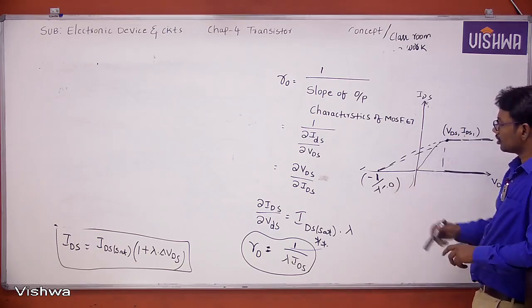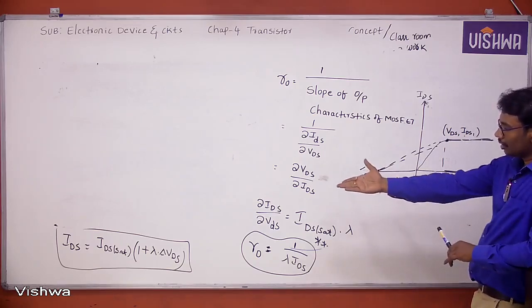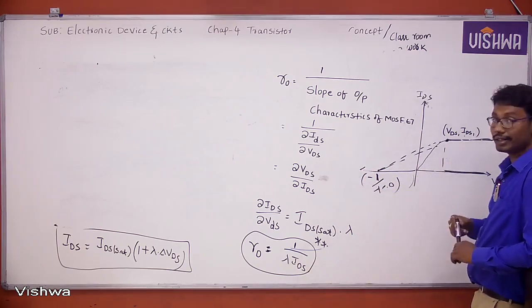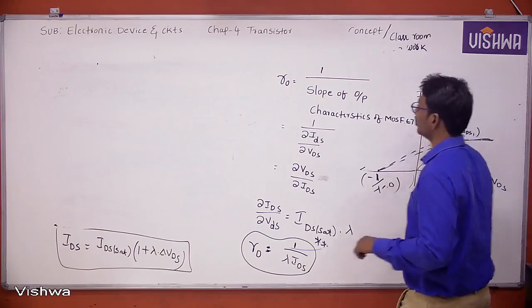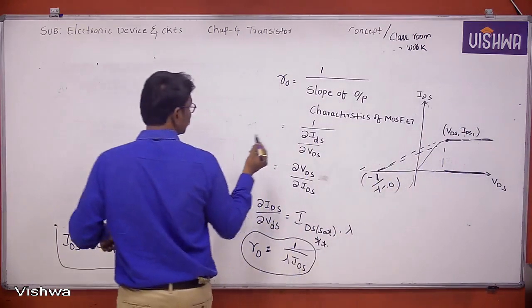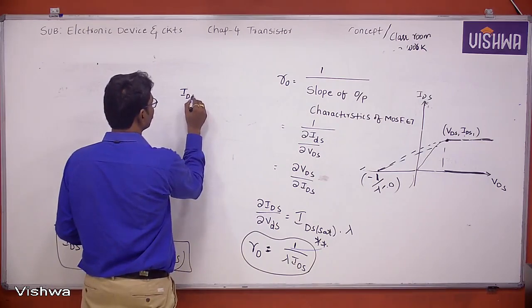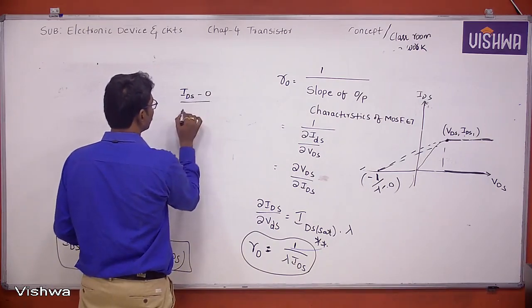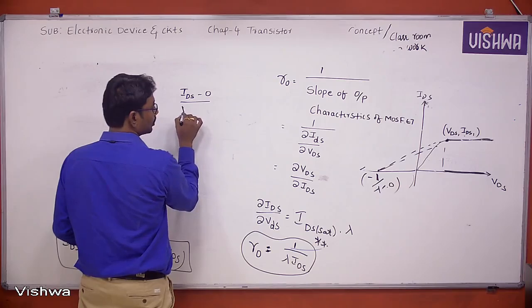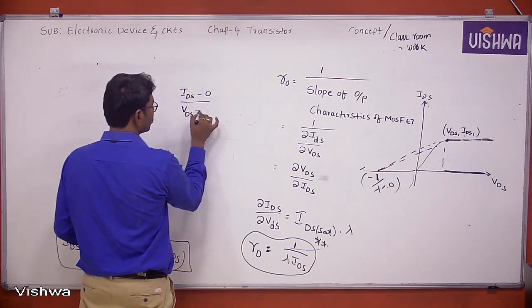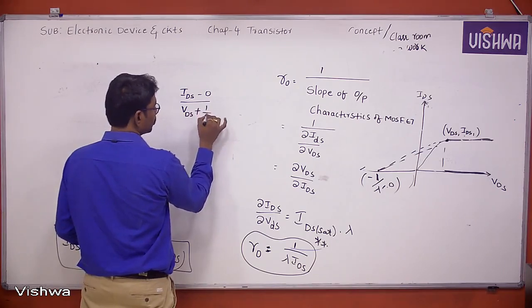From this also you can calculate; if you differentiate this equation you will get the same. I will show it. Slope is simply y2 minus y1, that is IDS minus 0, by x2 minus x1, that is VDS minus of minus 1 by lambda.